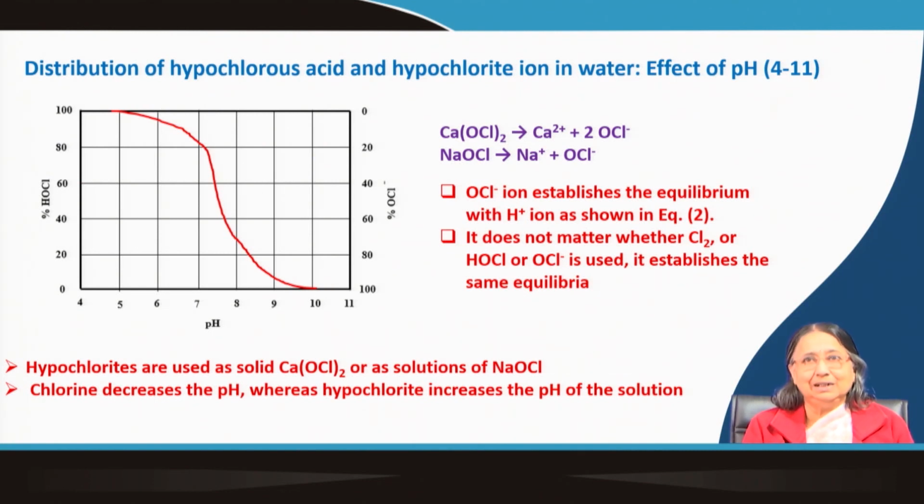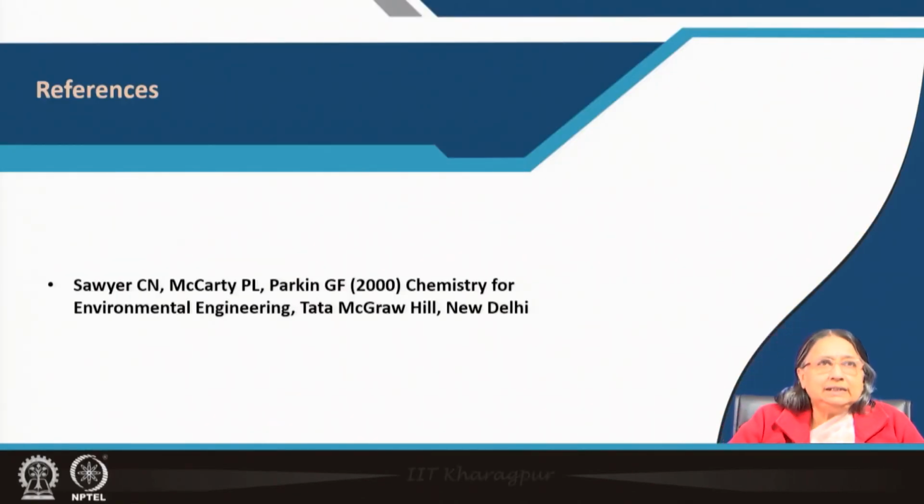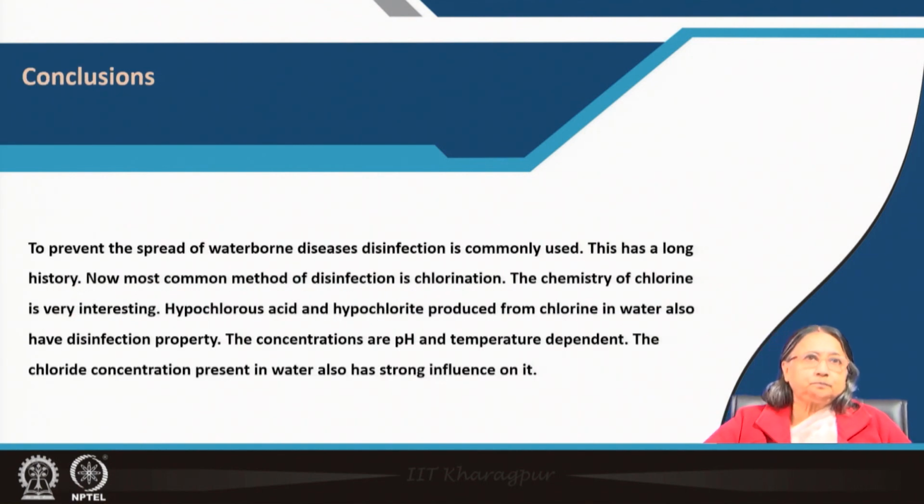You all know that, because it is already discussed in the hydrolysis of salt in the first module. So, that is why chlorine decreases the pH, whereas hypochlorite increases the pH of the solution. According to the pH of the solution, your disinfection also may vary. Okay. For this, you know the references, Swayam, McCarthy, again the same book I am recommending, Chemistry for Environmental Engineering, very nicely explained all the steps. You can read it more elaborately, it is written there.